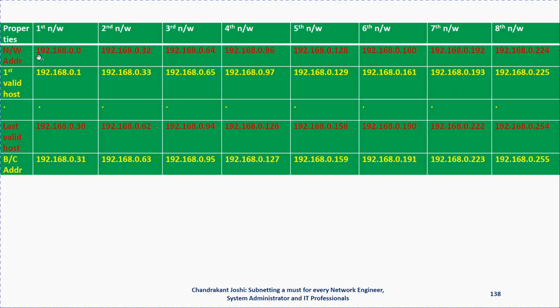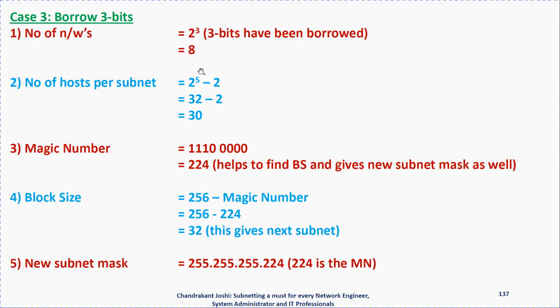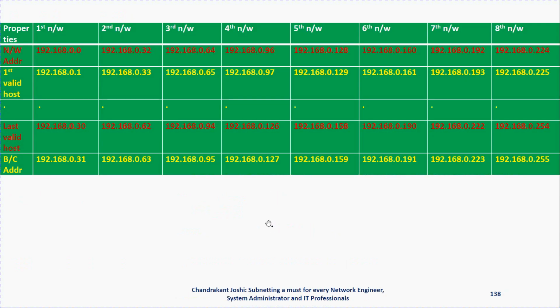But now this is 192.168.0.0/27, because 24 plus 3. So either you say it in terms of CIDR notation, which is now /27, or you can say 255.255.255.224. They both mean the same thing. Unless you write it, you won't understand.